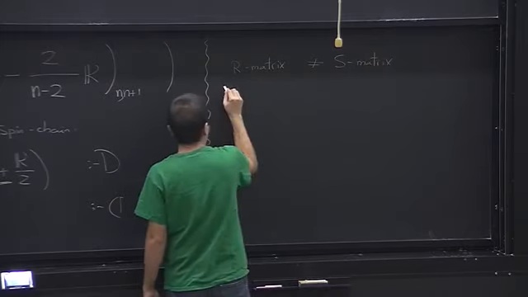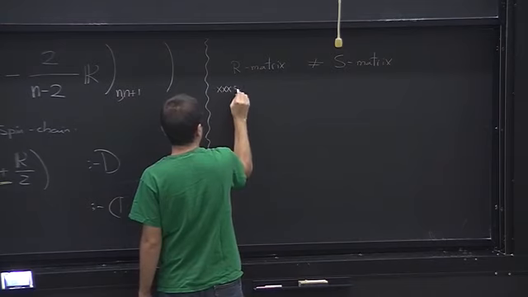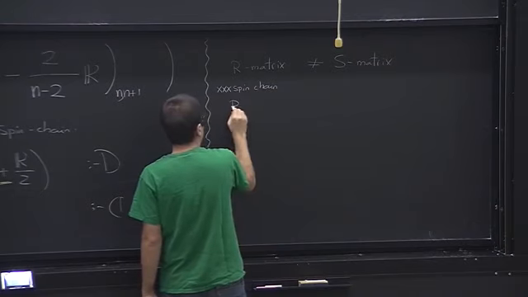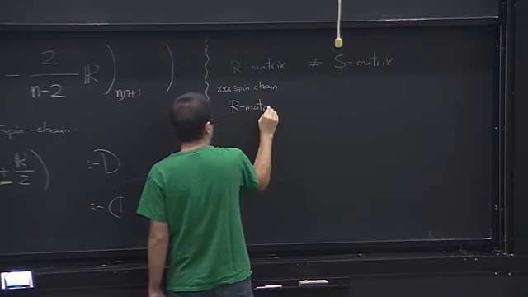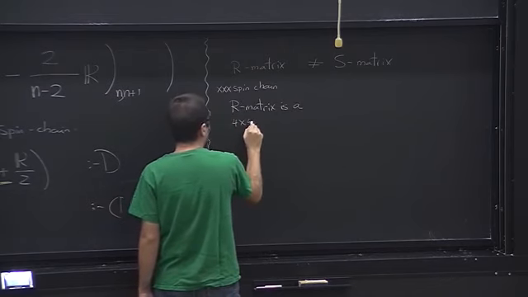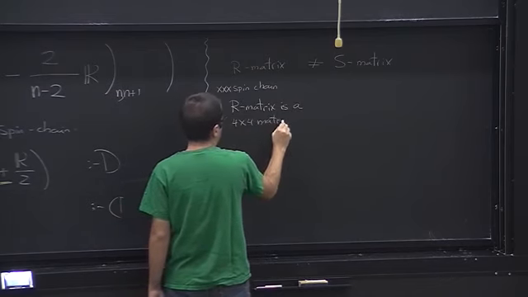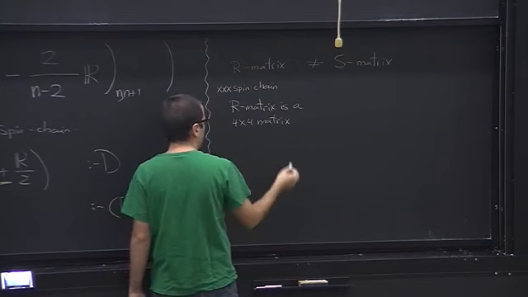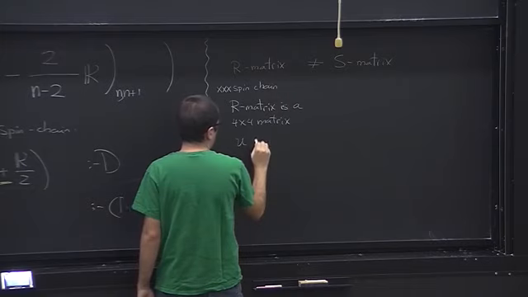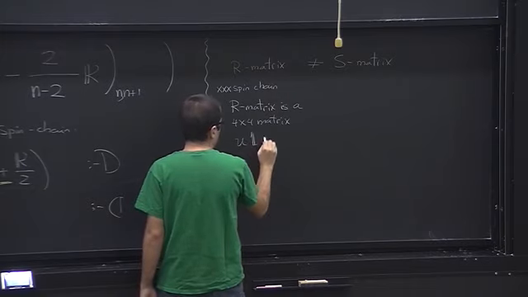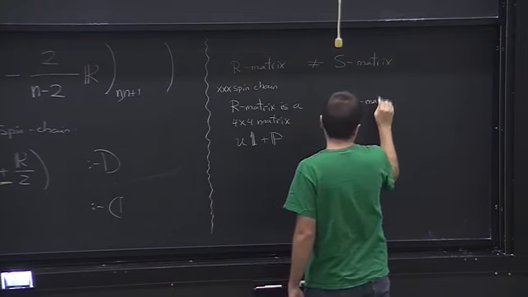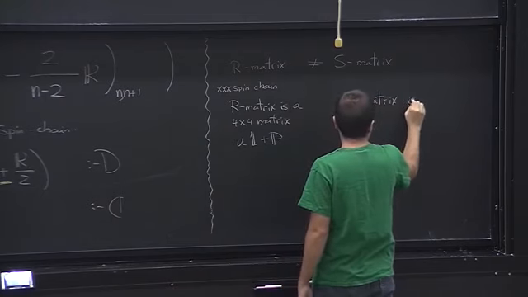For example, for the XXX spin chain, the R matrix is a 4 times 4 matrix, which is identity plus permutation, whereas the S matrix is a number.